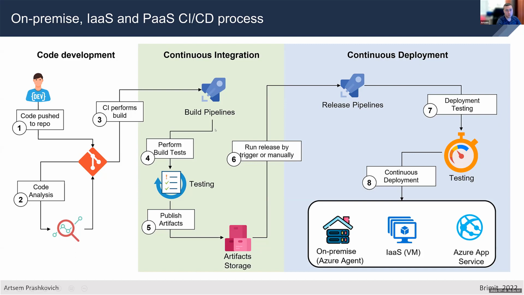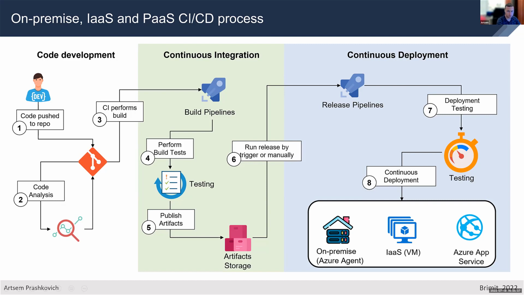Once we have new code pushed to the repo, the CI, or continuous integration, process starts, and it can be a trigger which runs a new build in our build pipelines. It can happen when we approve and merge our pull requests.